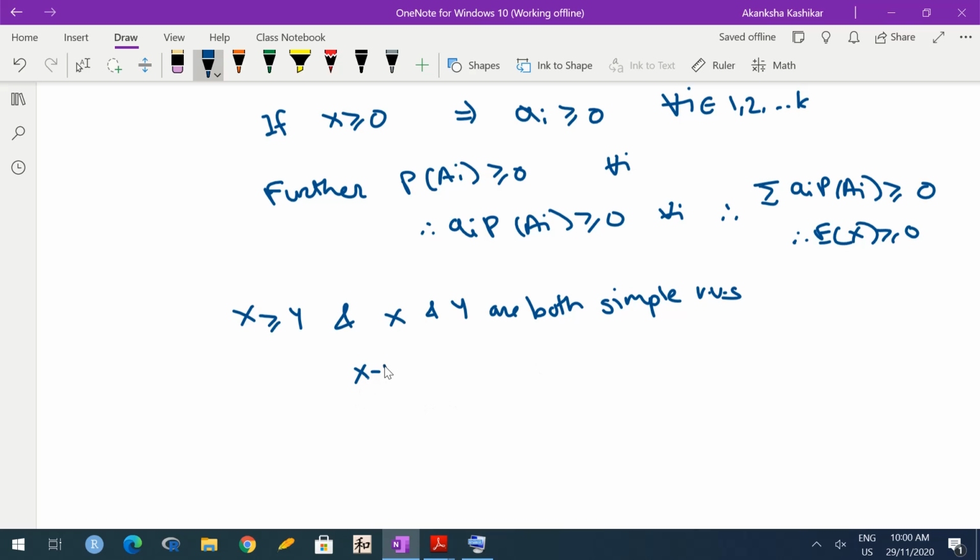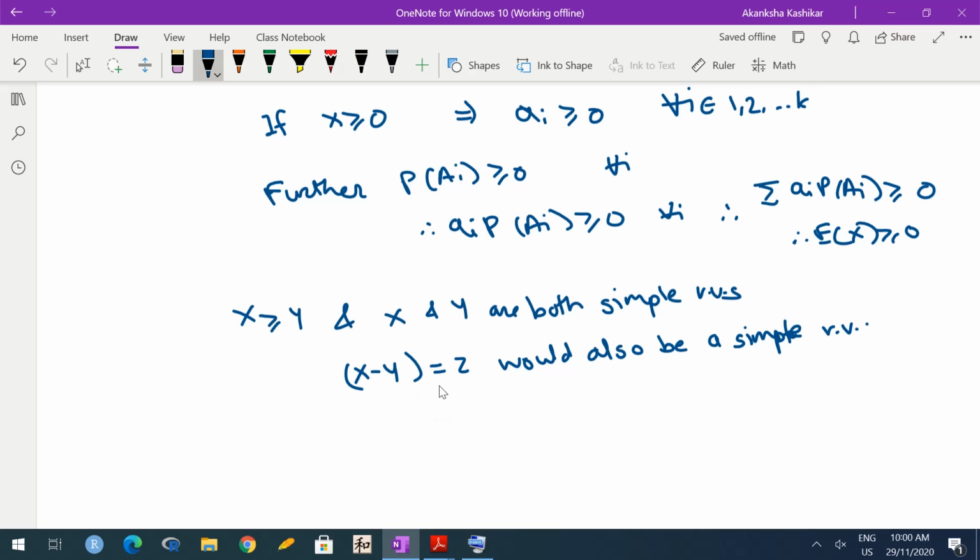Then X minus Y, which we define as, say, Z, would also be a simple random variable.